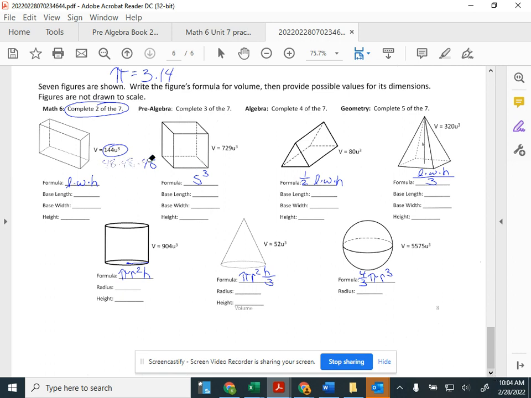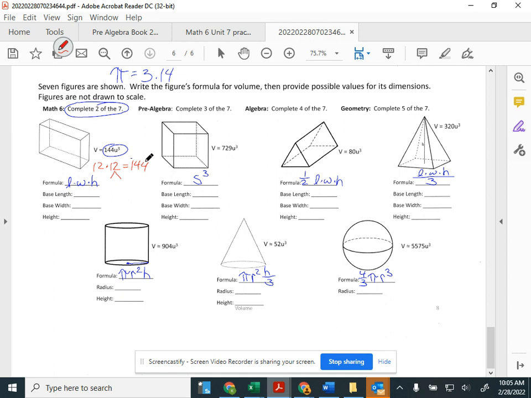So let's look at this. 144 is a perfect square. Anybody know what number 144 is a perfect square of? Kira? 12. If I were to do just 12 times 12, I would get 144. But we have 3 sides, not 2. Can I break down my 12 into 2 numbers? Yeah.